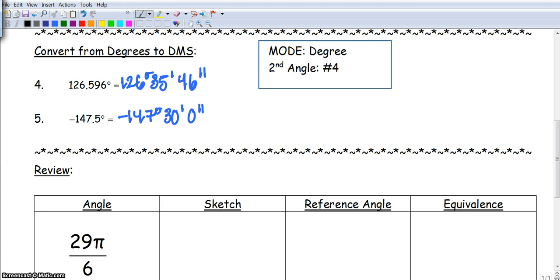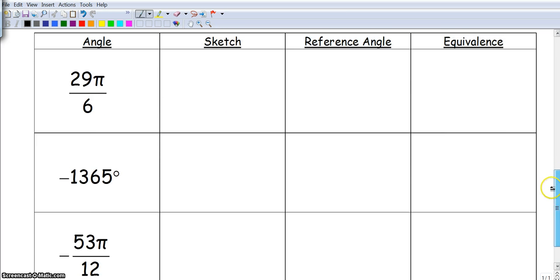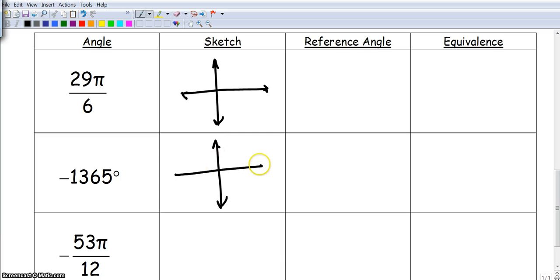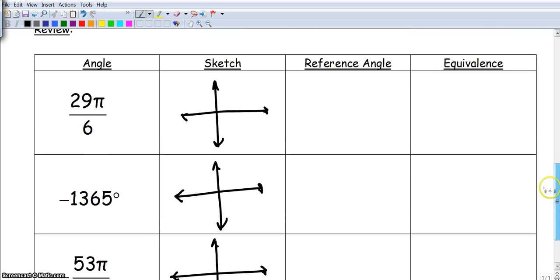Alright, so now let's do a little review from yesterday dealing with radians and degrees. So let's get our sketch set up. First I'm going to do the equivalence because that's just basically the plug it into your calculator step.